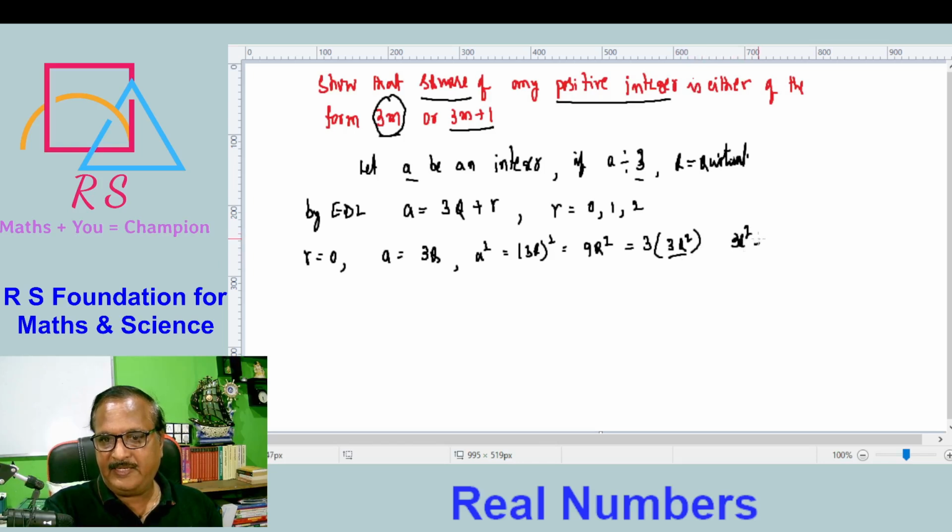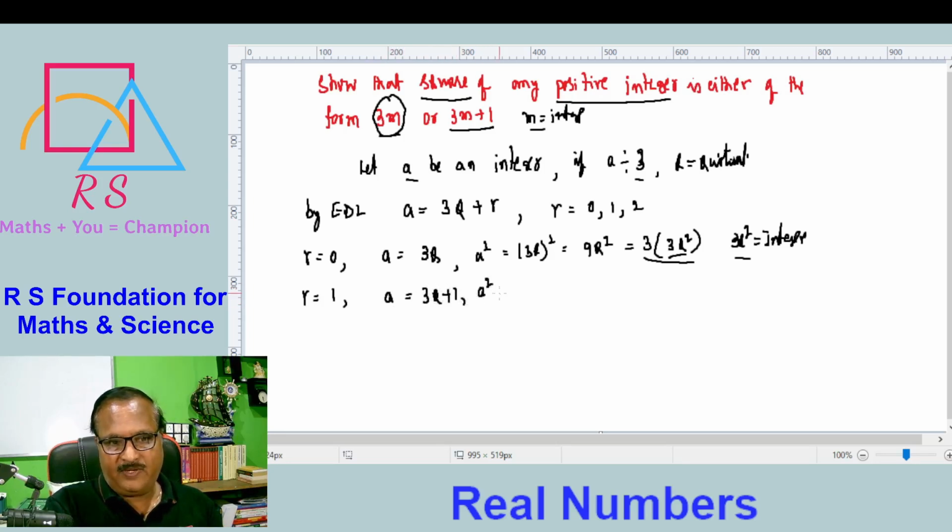Here m is also an integer. So m is an integer, 3q square is an integer. Therefore, at r equal to 0, we have got the square of a as 3m. Okay, let us say r is equal to 1. Then a is equal to 3q plus 1.